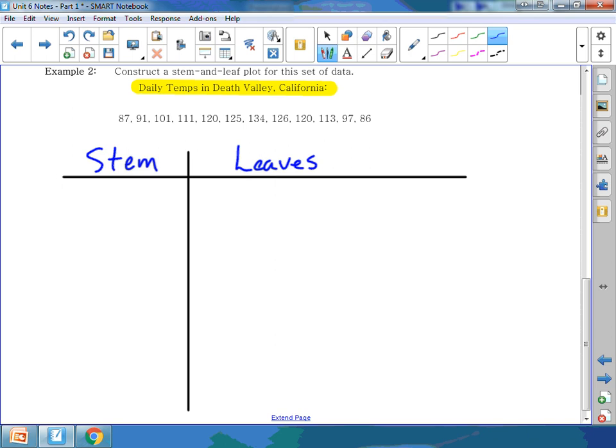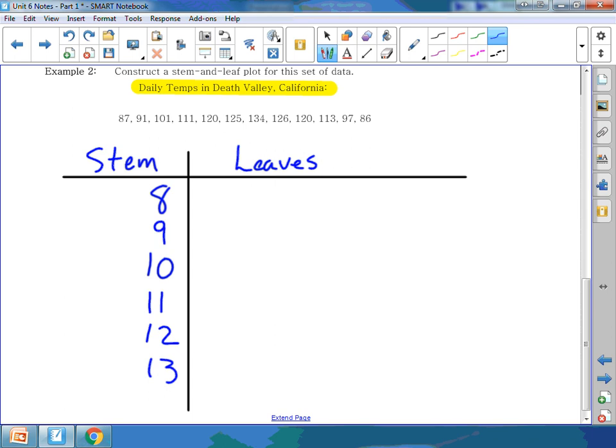The smallest number we have is 86. So what other stems do we need? If you read through them in order. Go ahead, Mia. We have the 9s for 90s, the 10s for the 100s, the 11 for the 110s, the 12 for the 120s, and the 13 represents the 130s.